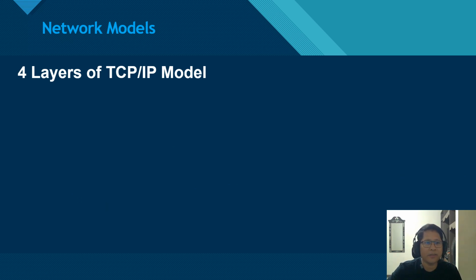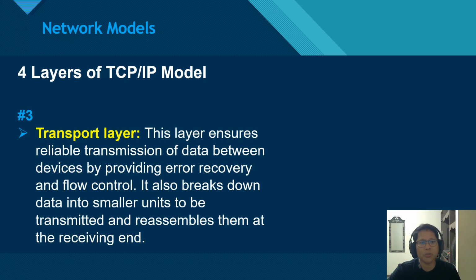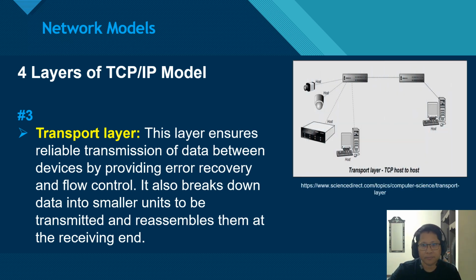Let's proceed with the third layer, which is the transport layer. This layer ensures reliable transmission of data between devices by providing error recovery and flow control. It also breaks down data into smaller units to be transmitted and reassembles them at the receiving end.